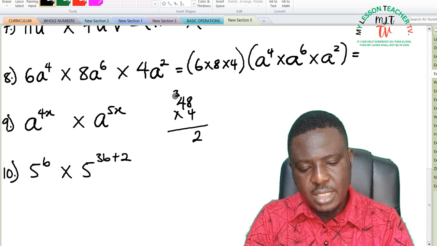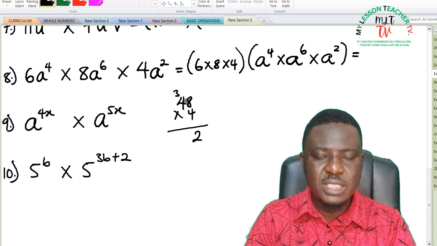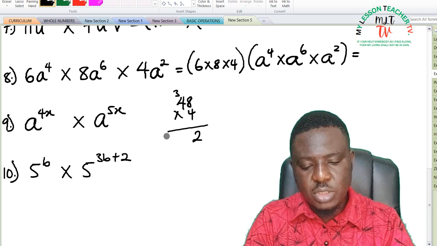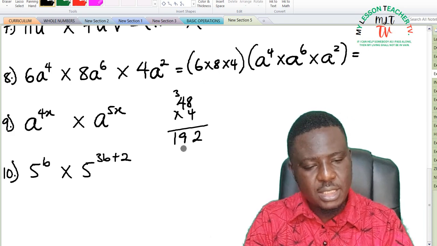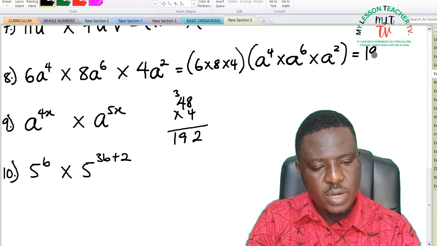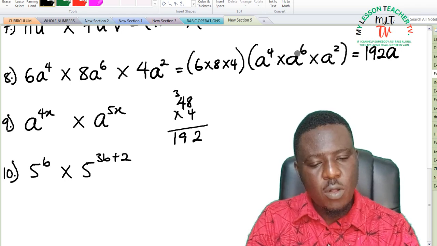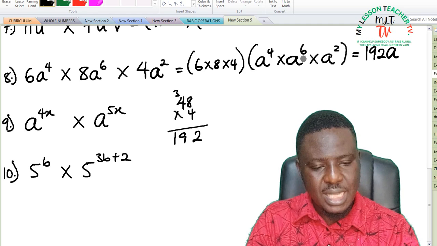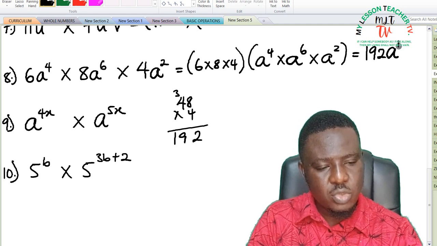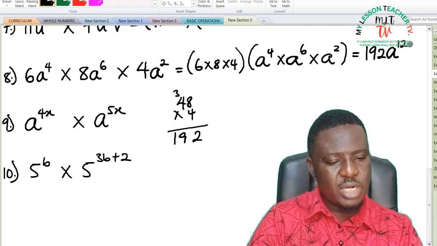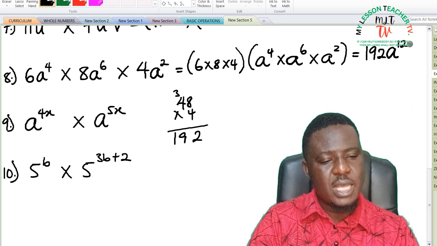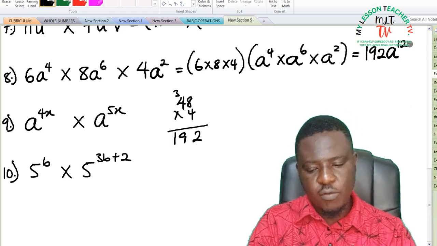You write down 2 and carry 3. 4 times 4 is 16. 16 plus 3 is 19. So we have 192a raised to the power of 4 plus 6 is 10. 10 plus 2 is 12. So we have it as 192a raised to the power of 12.